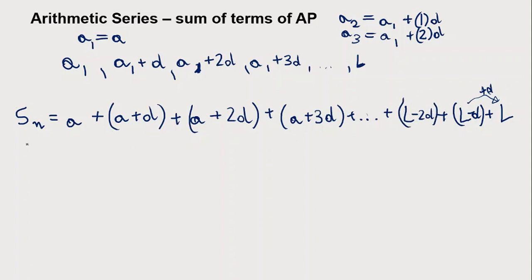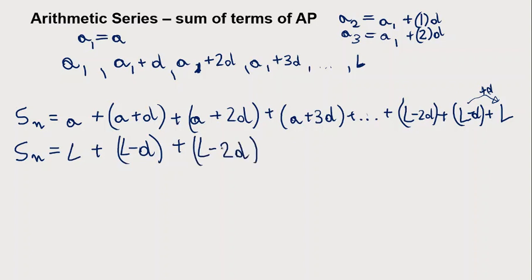Now, Gauss method being applied, I can write the same series the other way around. So I can write L here plus L minus D plus L minus 2D, and you should be able to see what is happening right now and how this will nicely cancel out the differences.